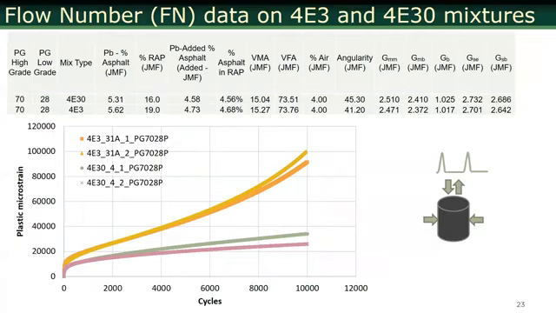This is the slide I showed yesterday about the volumetrics, one sample versus another. You get plastic strain, epsilon p, as a function of cycles for different mixes, and then you fit the rutting equation to these to find beta 1, beta 2, and beta 3.